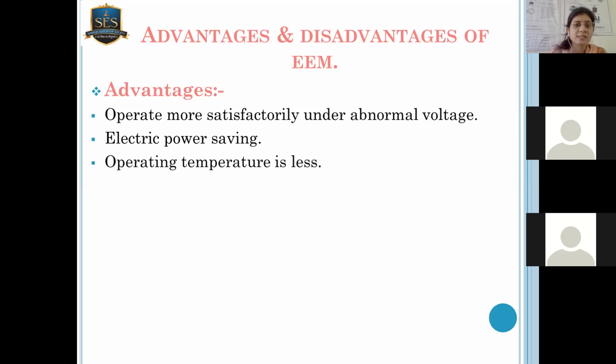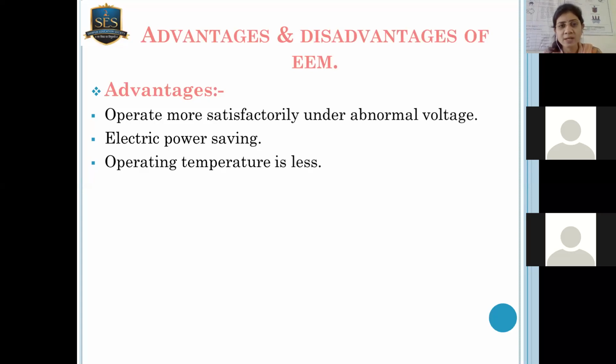Operating temperature is less. It can be operated at a lower temperature, but if in some cases the temperature rises, then it can withstand that higher temperature, and the motor can operate normally at higher temperature.